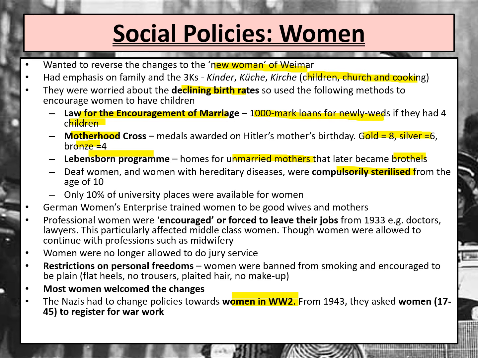So there were some positive things for women to encourage them to have children, but there was also a really negative impact on lots of women who were sterilised, or some women who couldn't have children were then shamed as if they weren't fulfilling their role.